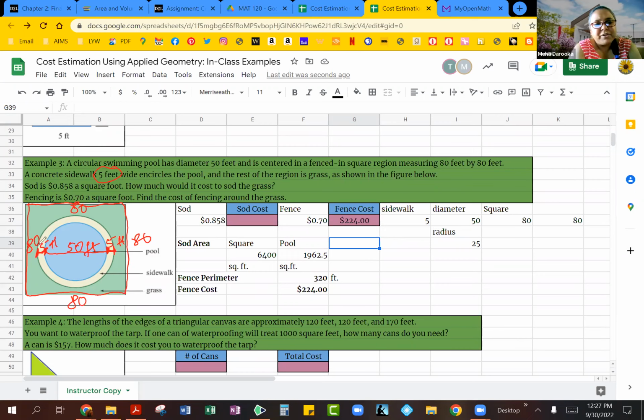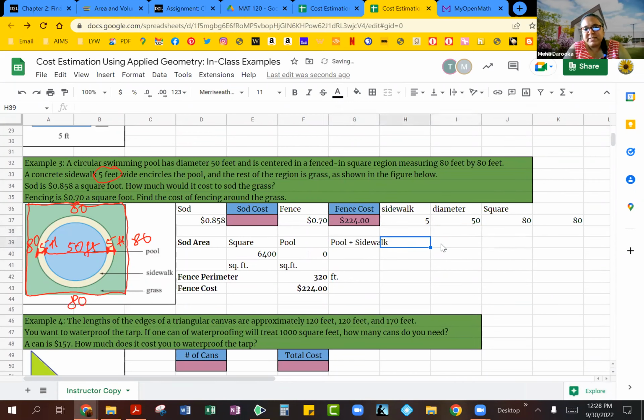So if we think about the total distance of the pool including the sidewalk, then you are looking at a total diameter of, and in that case, let me erase this for a second here.